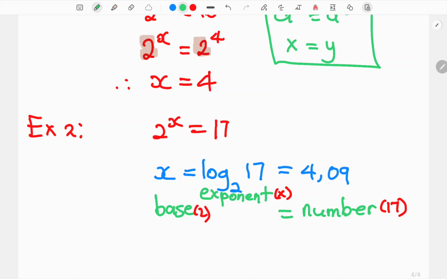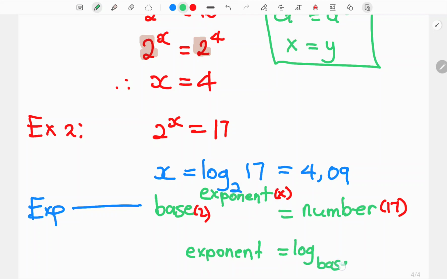In order to convert to log, remember this is in exponential form. So what did we do to convert into logs? We said the exponent is equal to log, and then the base, and then the number here, right? That's how we converted.